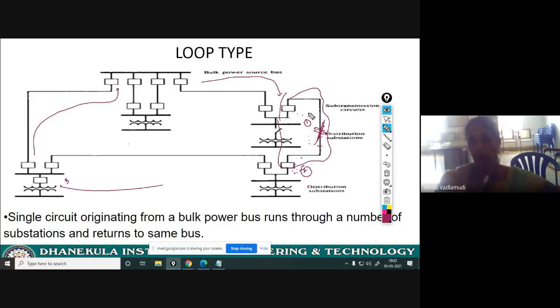Coming to the disadvantage, if a fault occurs in a major connection, in the primary connections, then the system will not be provided with any backup. This is the major disadvantage of the loop type of arrangement.